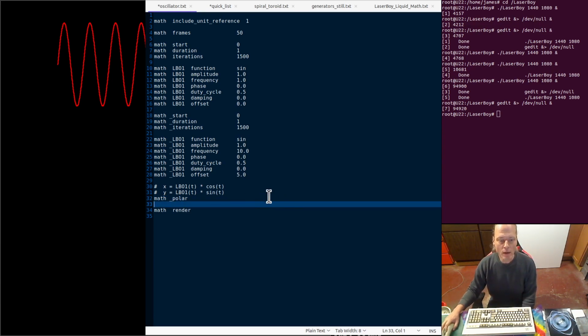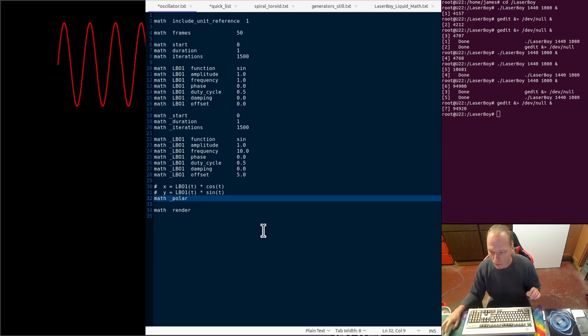Now, what polar does is, just looking at the oscillator LBO1 as the oscillator generator, you get the XY plot of it, which is rectangular coordinates. Polar is a different coordinate system. Polar coordinates start in the center of space as the origin, and you have rho and theta instead of x and y.